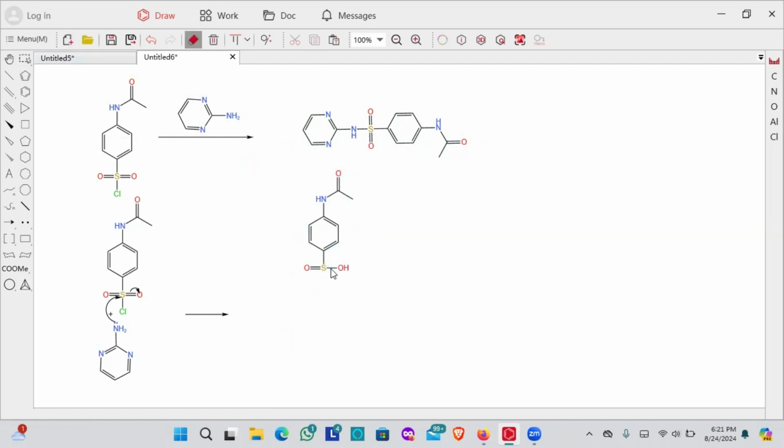Let's show the mechanism here. The chlorine somewhere here, and let's also show the negative charge on the oxygen.